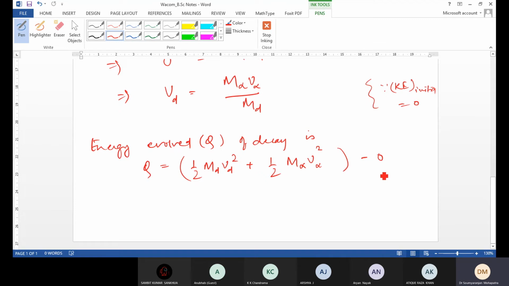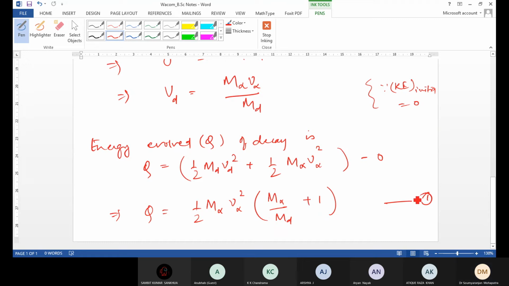So from here you can directly write the equation. I'm not solving this; if you solve it, you'll get Q equals half m alpha v alpha square times (m alpha by md plus 1). You can give some equation number to this; let's keep it as equation 1.